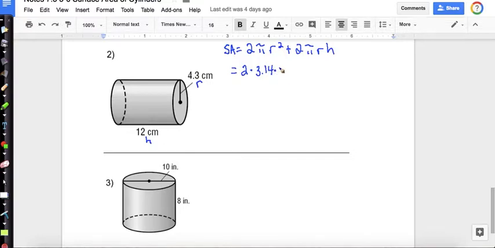Replace the radius with 4.3 and put squared. Box this in because we're going to multiply that part first. Plus 2 times 3.14 times the radius, which is 4.3, times the height, which is 12. Box it in.